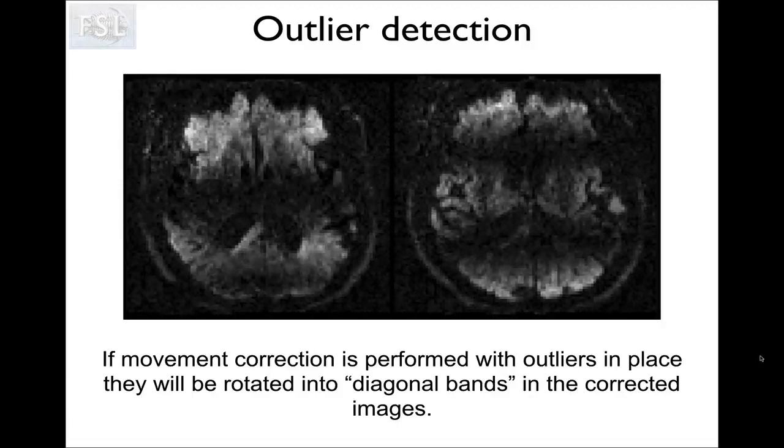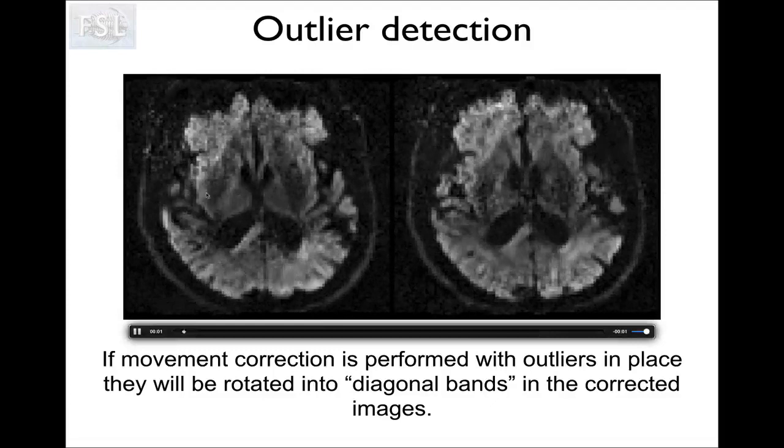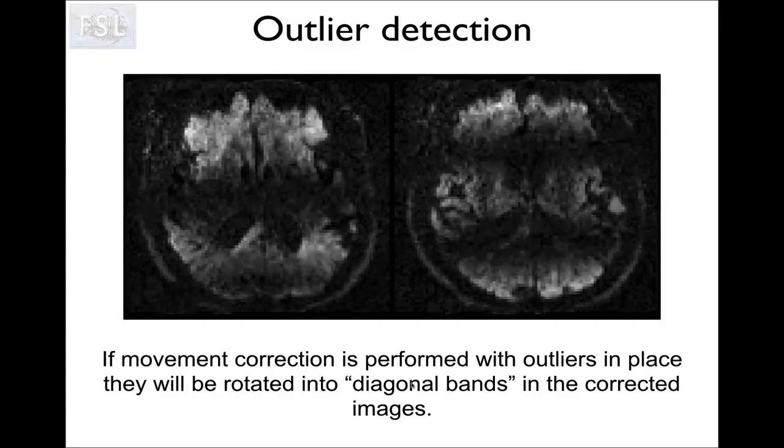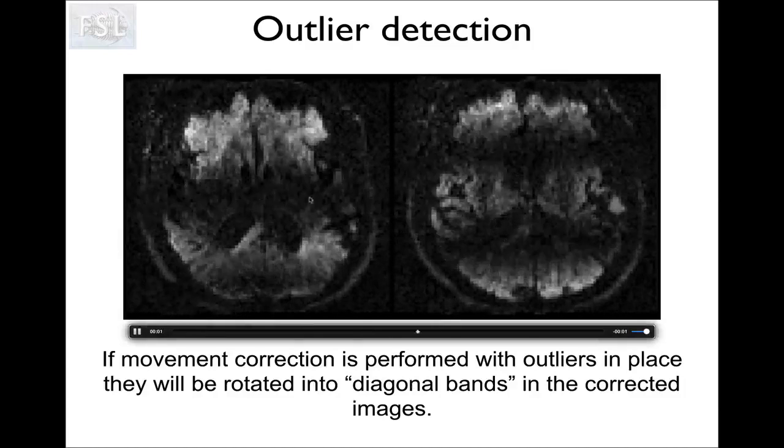So we have two outlier slices in this data set, and you can see that they turn up as these dark bands. And that's because those slices, once we rotate this from the original orientation, turn into not just a slice of loss, but a sort of broad band where in the middle we have a complete loss, and as we go out towards the sides, we have an interpolation between data that's lost and data that's actually there.